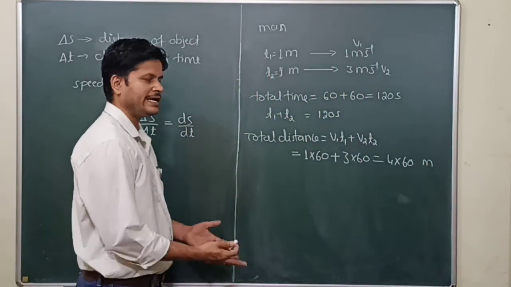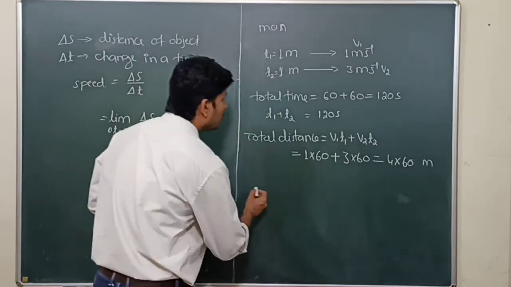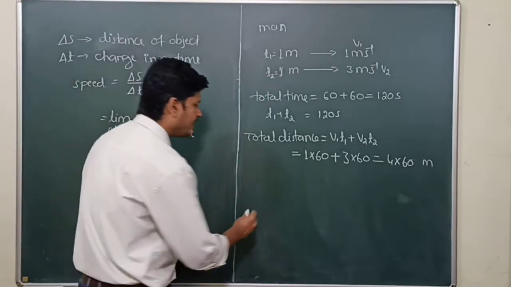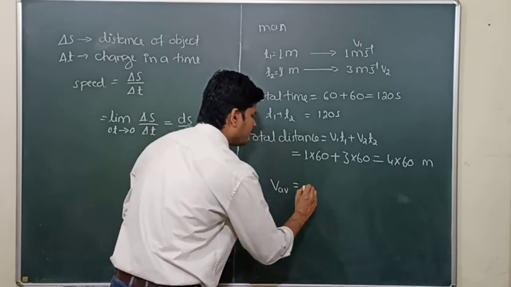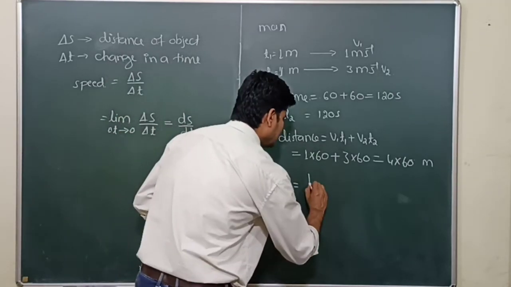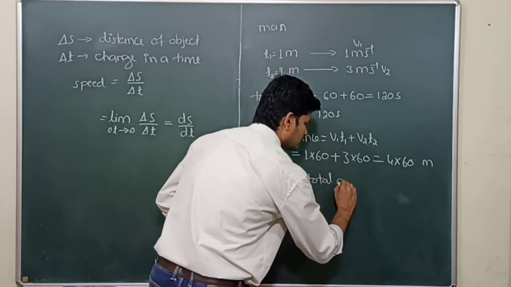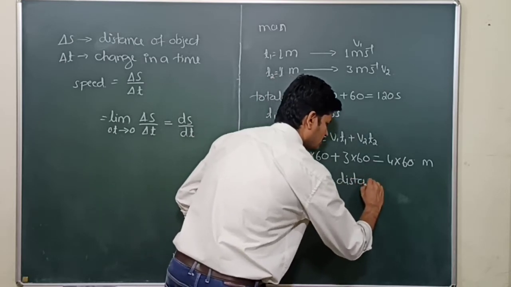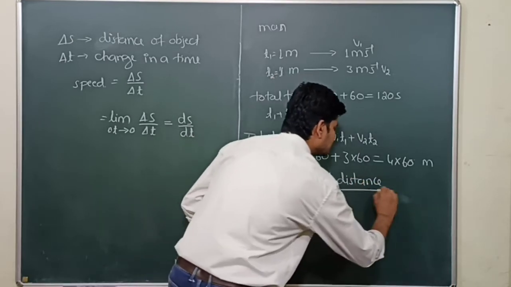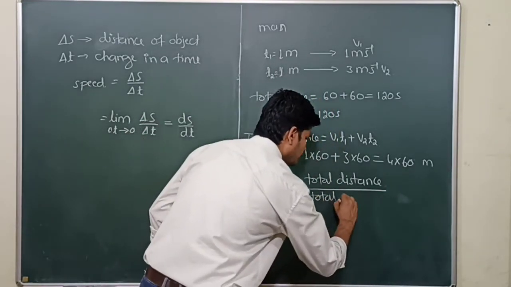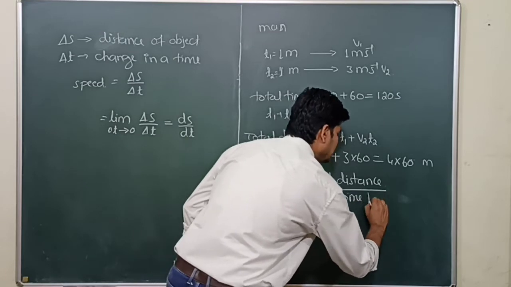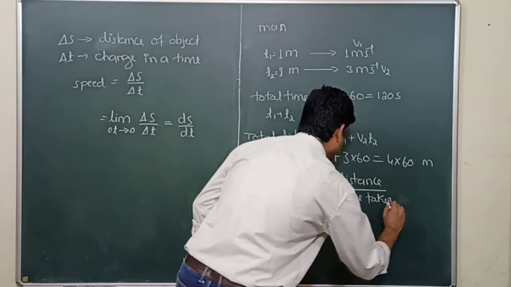We will simplify this later. Next, what we require is the average speed, which is total distance traveled by the man to total time taken.